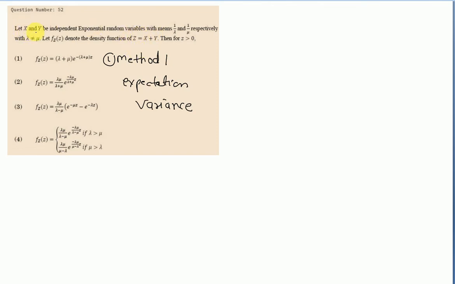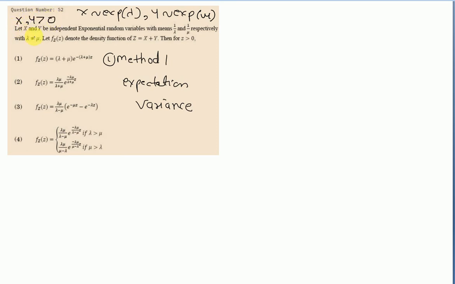Since X and Y are exponential random variables, if X has exponential mean 1 upon lambda, that means X is distributed exponential lambda, and similarly Y is distributed as exponential mu. Fine. Remember, the range for these X and Y is greater than 0.